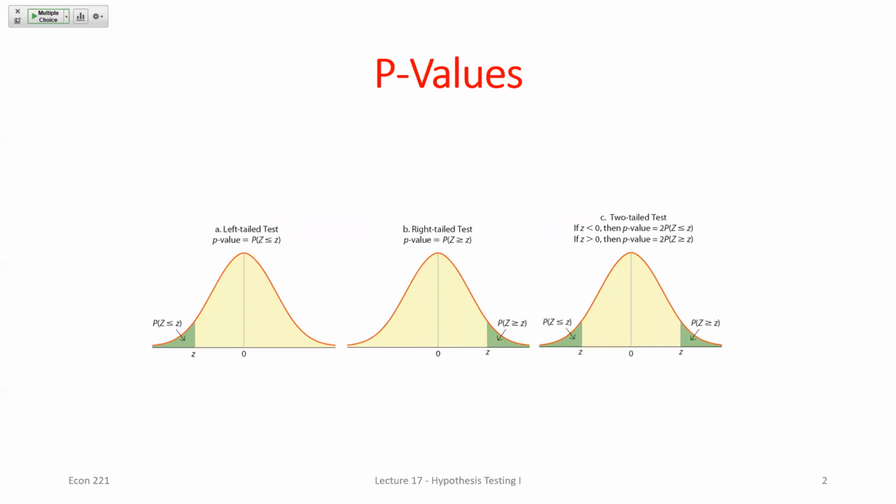I left off, and I don't even know if I used the term p-value, but we're thinking about this idea that if we had some assumed true value for a certain statistic, we could figure out how likely or unlikely it was that we saw the sample value we did, or the sample mean we did, if what we assumed to be true was in fact true.